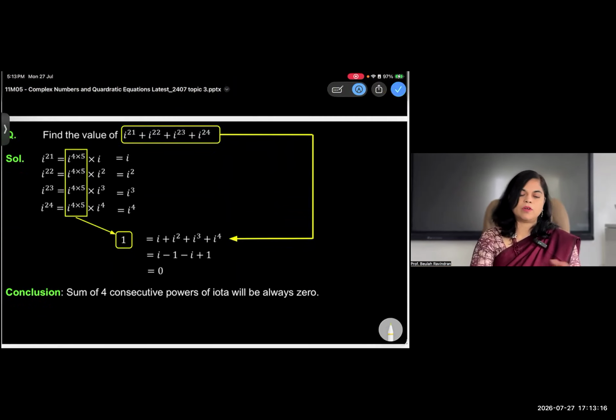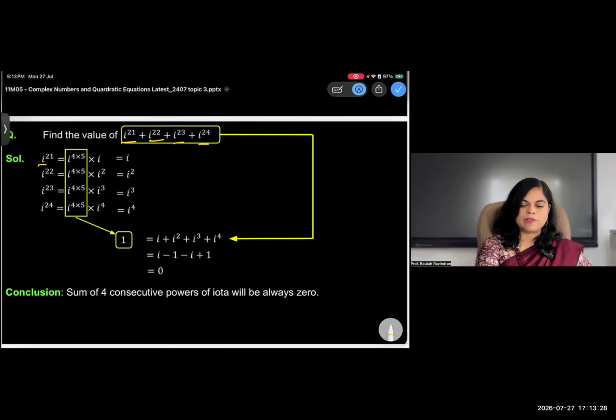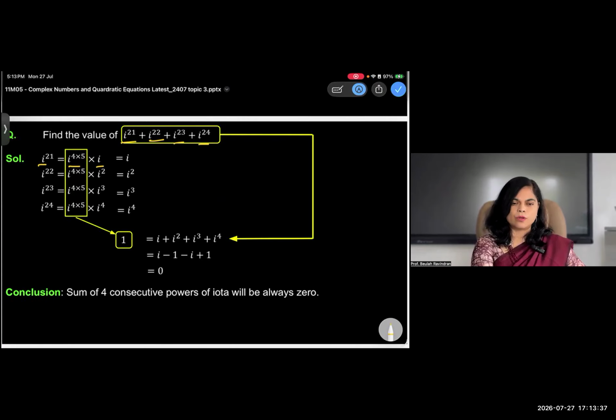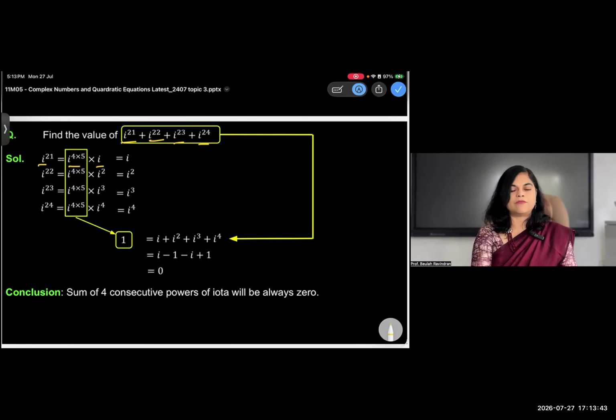Now, what about i power 20? If you are given a problem like i power 21, i power 22, i power 23, i power 24, all in addition, how can you know? i power 21 means i power 4 times 5, that into i. You have to find the multiple of 4, and the remainder you can separate into a power of i.